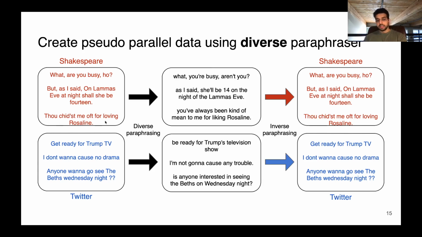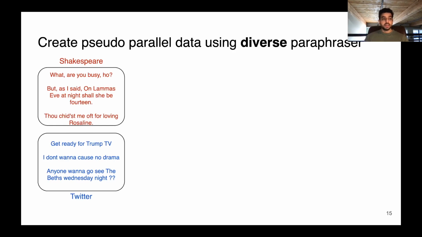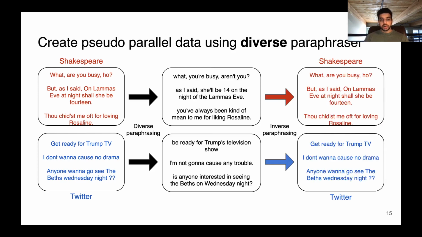In this way, the most crucial component of this model is the diverse paraphraser, which we implement through a model trained on the output of machine translation systems. I won't go into too much detail on that, but note that during our training process, we're going from Shakespeare to a style normalized form and then back to Shakespeare.